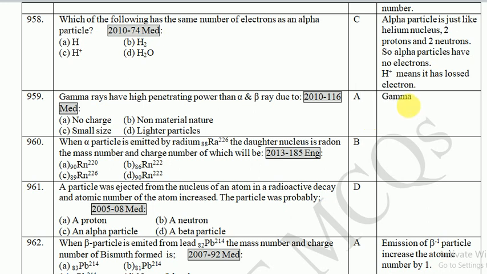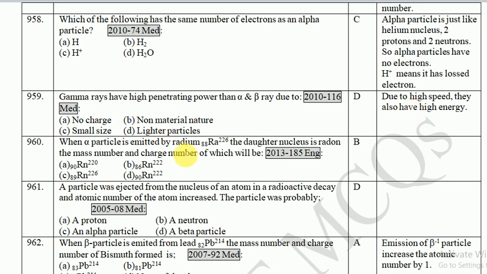Gamma rays have no charge, that is right, but the high penetrating power is due to high speed, and they also have high energy. They are photons. Gamma rays are actually photons, so they have high energy, so they have high penetrating power.